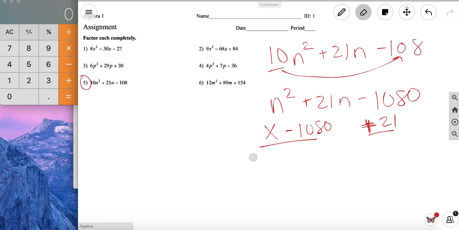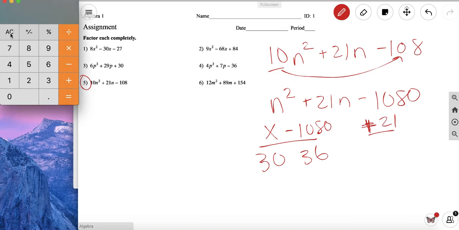Well, we could have done 30 and 36, but I kind of looked at it and said, okay, there's no possible way that we could combine them to get a 21, so I know that that can't be right. 30 and 36. 40 and 27. Is there any way to get 21 from that?